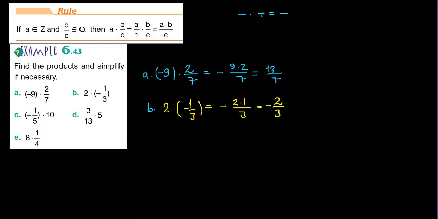That is the answer. Or the last one I am solving here, the C1 or D1, 3 over 13 times 5, sorry. The answer is 3 times 5, which is 15 over 13.